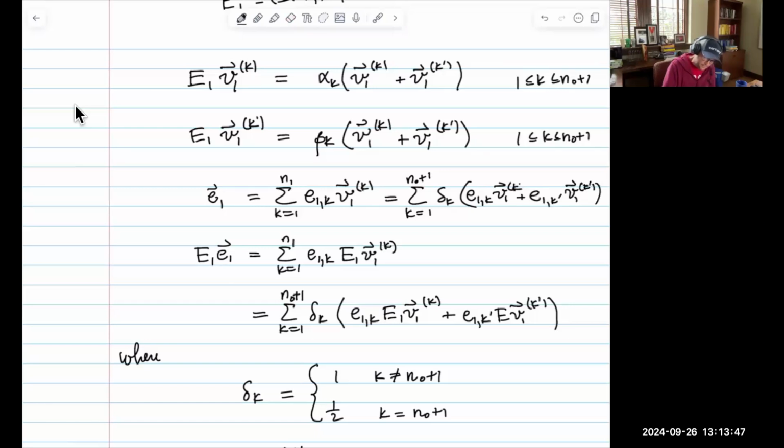The reason why I can do this is because I'm just counting differently. In this counting, I'm doing the low frequency all the way up to the high frequency, and I'm counting them separately.